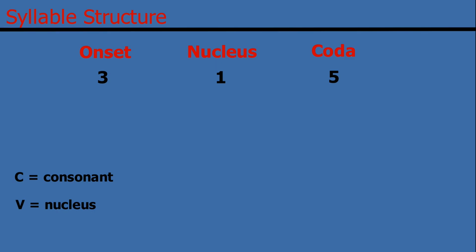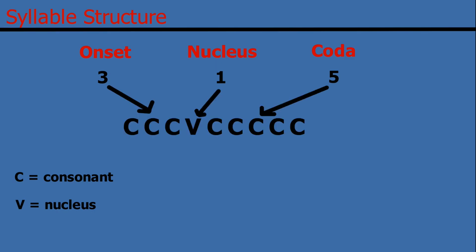Therefore, English is a CCC-V-CCCCC language. So the third step in making your conlang is deciding upon the structure of your syllables, being the number of consonants found in either the onset or the coda. Keep in mind that very large syllable structures may be hard to pronounce, and very small syllable structures may feel too restrictive, but feel free to choose whatever floats your boat.